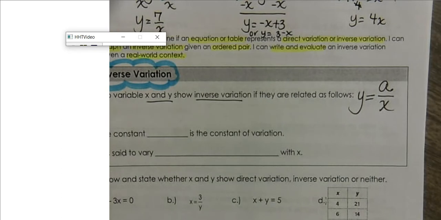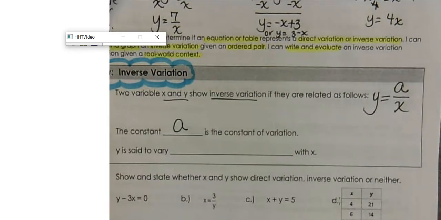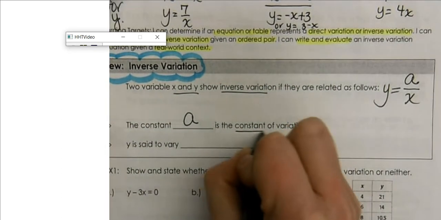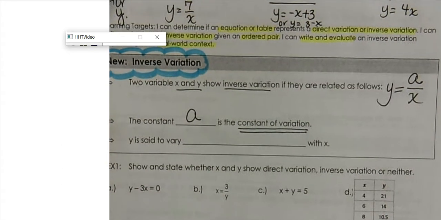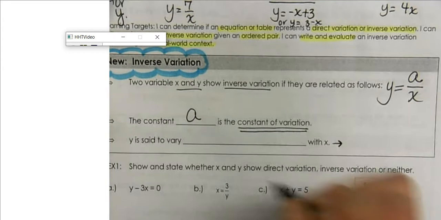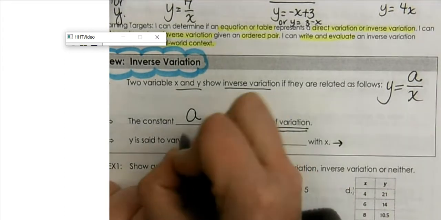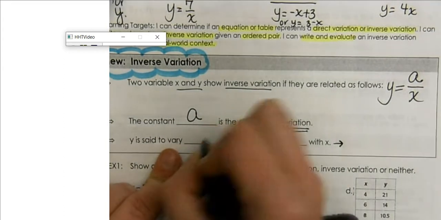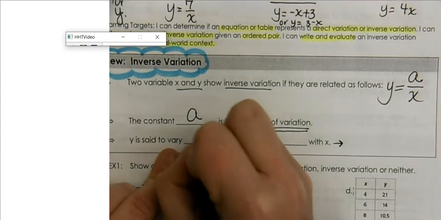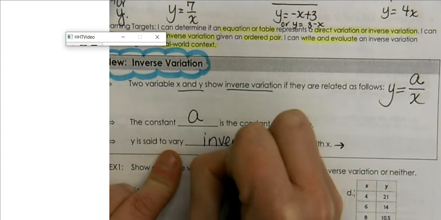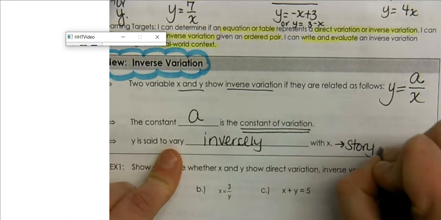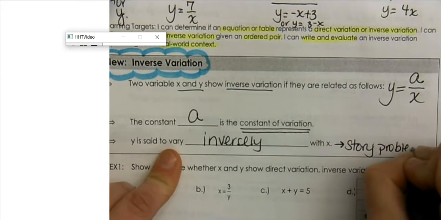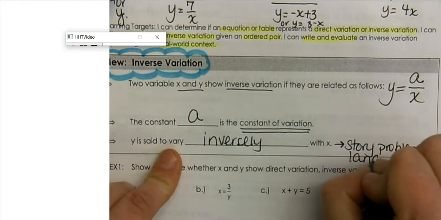And that a value, once again, that constant value, is the constant of variation. And in story problems, we are going to be working with the language of y is said to vary inversely with x. And once again, this is story problem language.